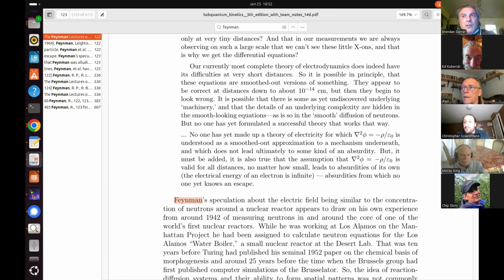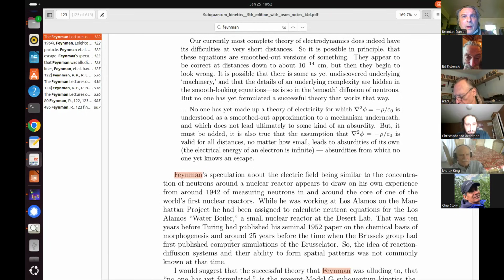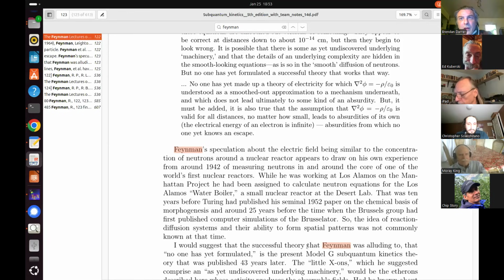While he was working at Los Alamos on the Manhattan Project, he had been assigned to calculate neutron equations for the Los Alamos water boiler, a small nuclear reactor at the Desert Lab. That was 10 years before Turing had published his seminal 1952 paper on the chemical basis of morphogenesis, and around 25 years before the time when the Brussels group had first published computer simulations of the Brusselator.